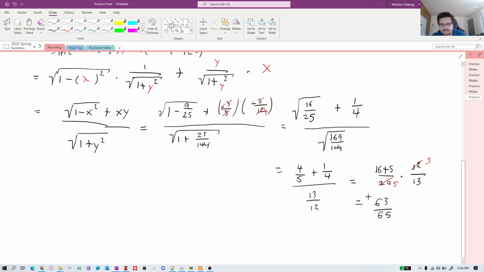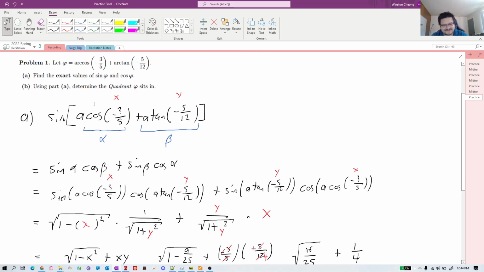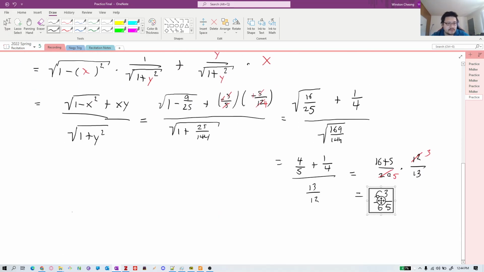So, okay. We actually calculated half of part A. We also have to do cosine. All right, so let's do cosine. Cosine of phi is cosine of, and then the whole expression.